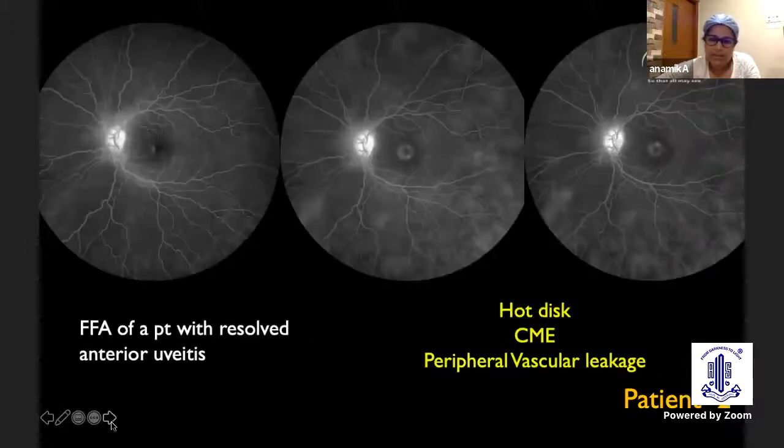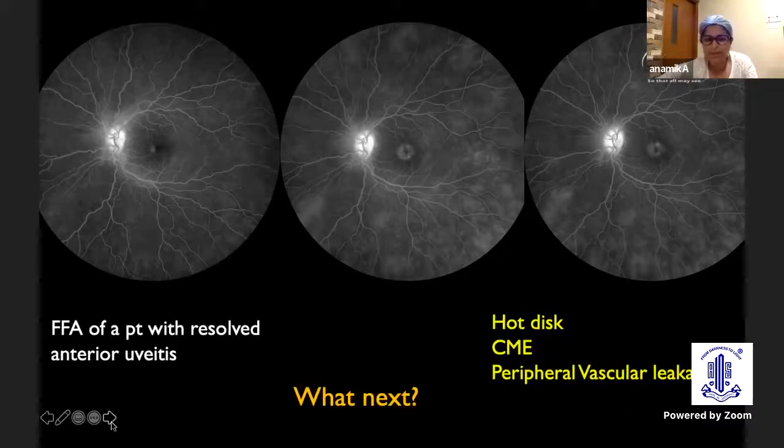Or take a patient like this, with resolved anterior uveitis, where you see the disc is hot, you see the cystoid macular edema, and then you see the peripheral retinal vascular leakage. So what next? Does it mean that there is still a systemic inflammation here, though the anterior uveitis has resolved?